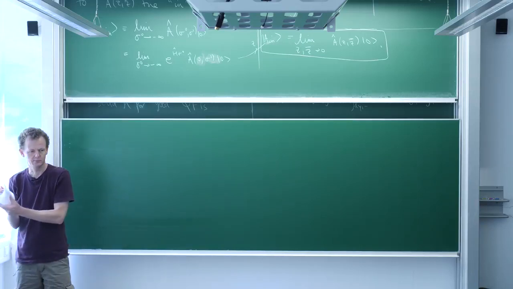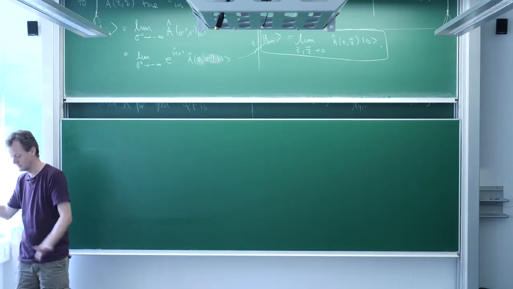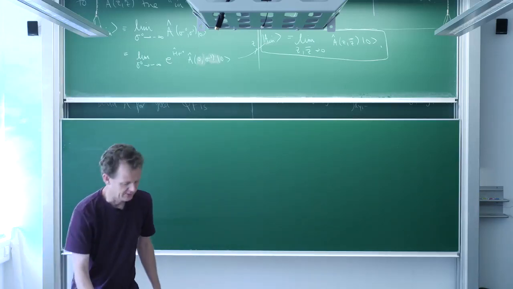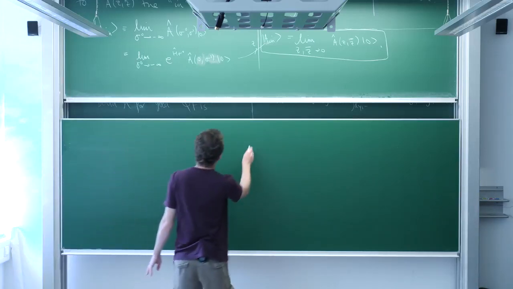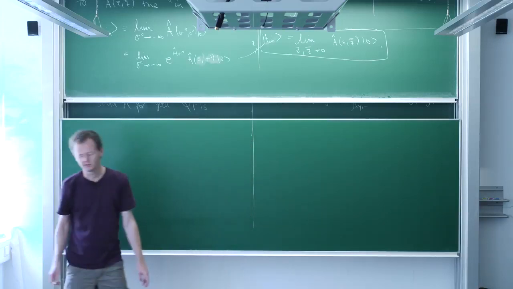And we'll make a choice that will seem a little peculiar to begin with, but it'll turn out to be very natural. We're going to associate an out state to A, but not as a state, but as a bra.